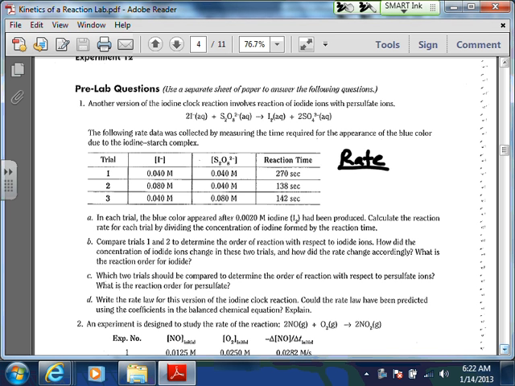You've got different concentrations of the I minus and the S2O8 2 minus, and you can see how those different concentrations are affecting the rate. Notice from experiment 1 to experiment 2, it even tells you this: compare trials 1 and 2 to determine the order of the reaction with respect to iodide. How did the concentration change, and how did the rate change accordingly? What's the reaction order for iodide? I think you can figure that out. We've done enough of those by now that hopefully you can get that.